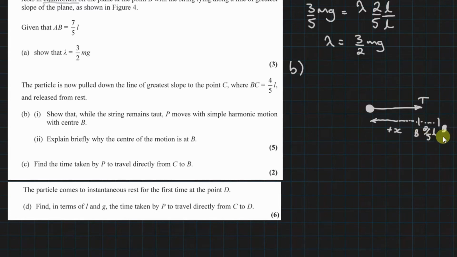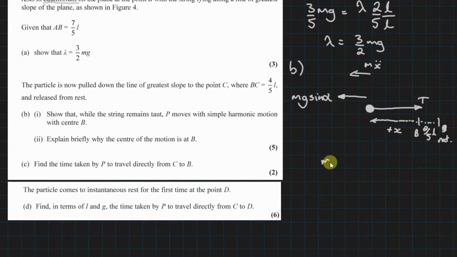So B is that way, and natural length is there. Also in the positive x direction, we have our mg sine alpha. Remember, this is actually part way down a slope, and I'm going to resolve my acceleration in a positive x direction.